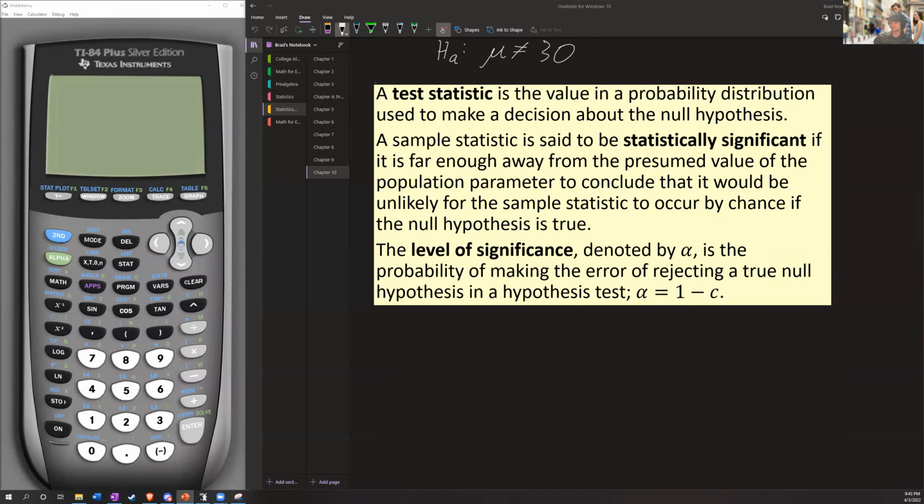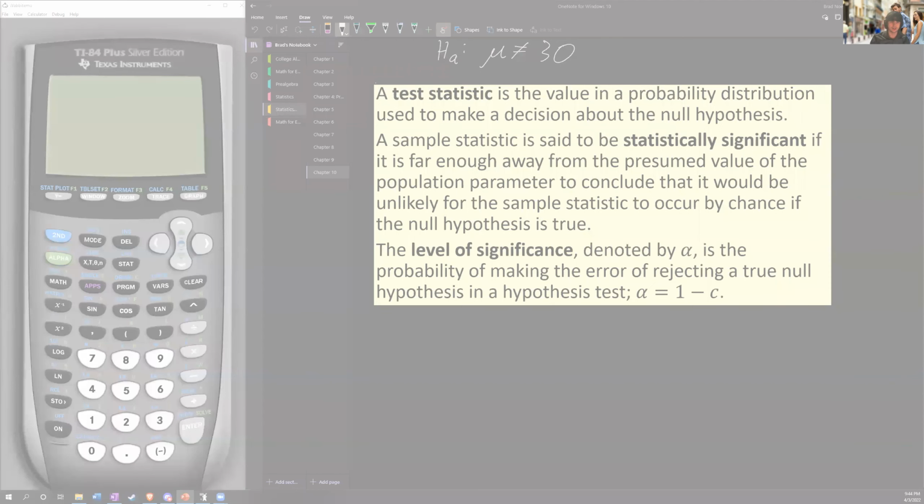A bit of a fun little physics thing is the Higgs boson's existence was proved, and the way it was delivered, that the Higgs boson had been discovered, was that it was determined to within 6 sigma. So that means that it was outside of that by 6 standard deviations. So to a sufficient level of confidence to the physics community, that was not due to chance. That's the sort of thing that we're getting at here.